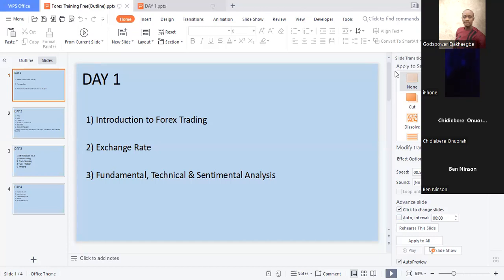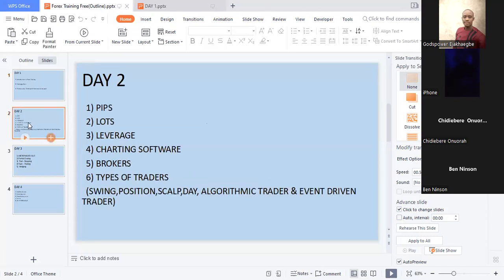Tomorrow, day 2, covers Pips, Loss, Leverage, Chart Forms, Platforms and Charting Softwares, and brokers. Then the third, types of traders: swing position, scalp, day, algorithmic trader, and event-driven traders.